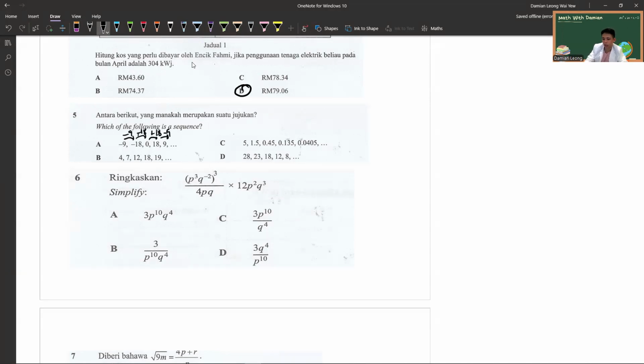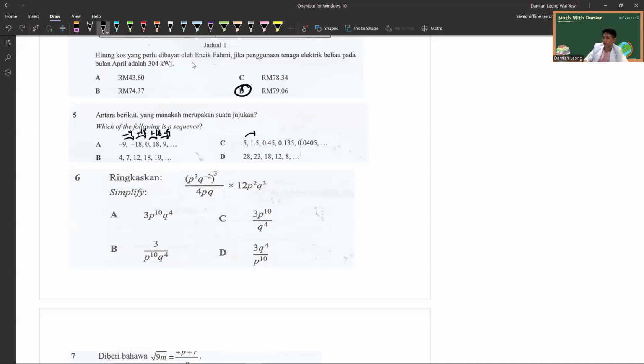So it's not a fixed pattern of change here. So it doesn't represent a sequence. It should have a specific pattern of change, shouldn't be a varying pattern throughout.